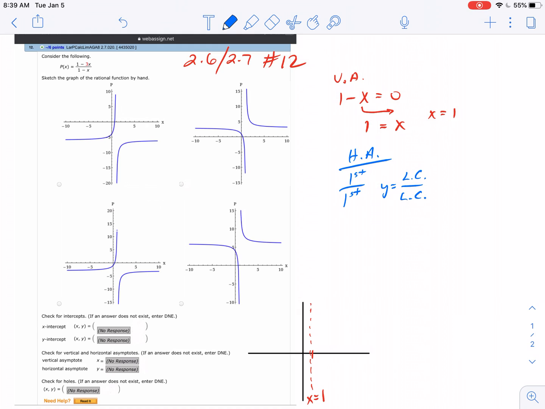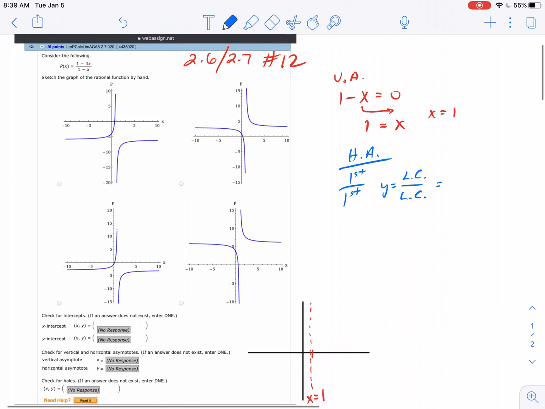So the leading coefficient technically is -3 on top and -1 on the bottom. So remember, you should always write the x first and then the constants. But with a negative sign on this problem, they're putting the negative in the middle, and that's why they wrote it the way they wrote it. So anyway, this turns out to be y equals 3. So you're going to go up 3, put this horizontal asymptote in there.